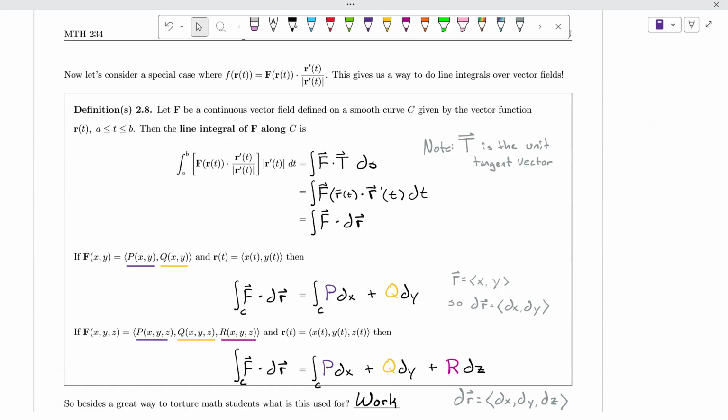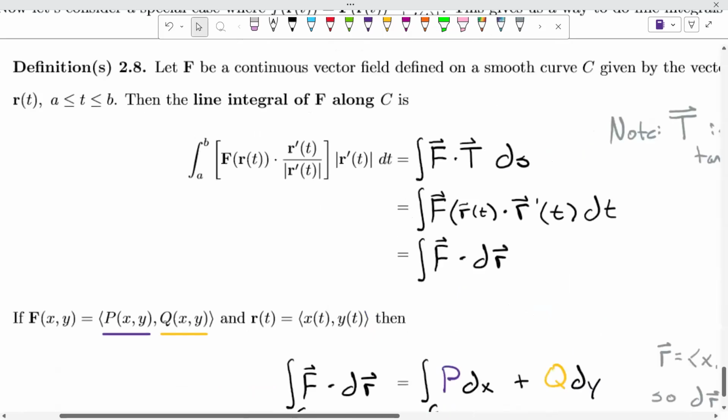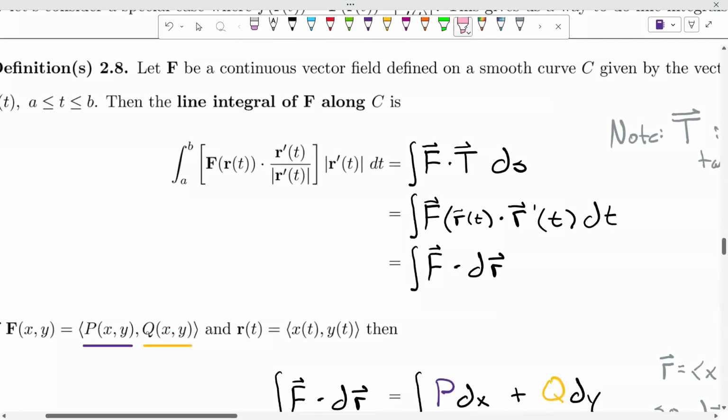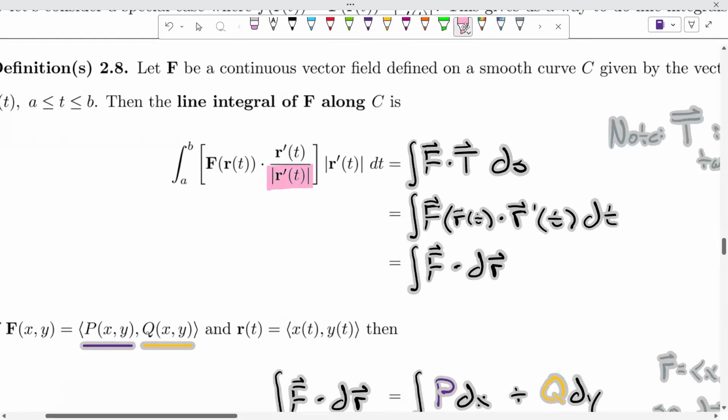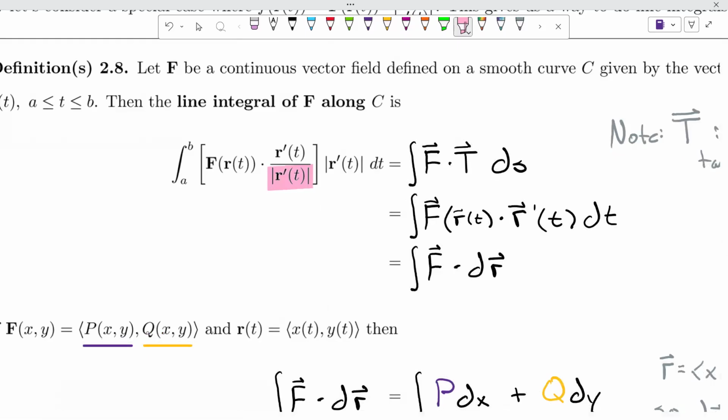The reason for that, if I check out this section right in here, when I want to take the dot product of my field with the, again, unit tangent vector, I get a magnitude of that tangent vector in the denominator. But I also know when I'm converting ds into dt, I want to multiply by the magnitude of that tangent vector.